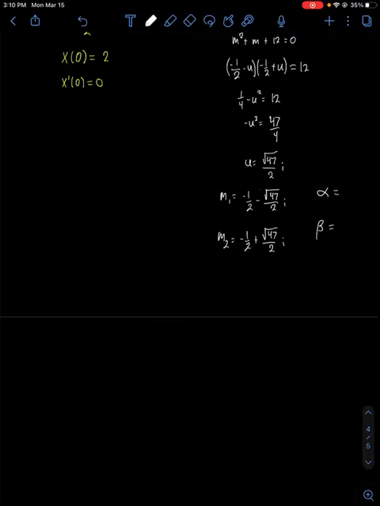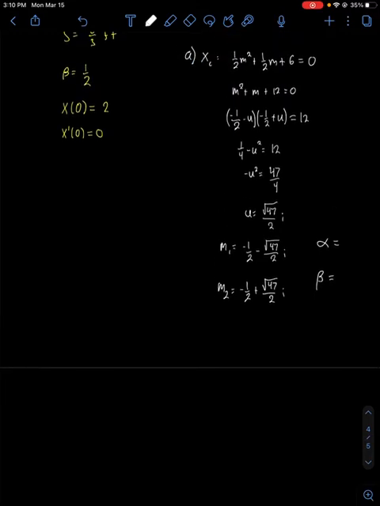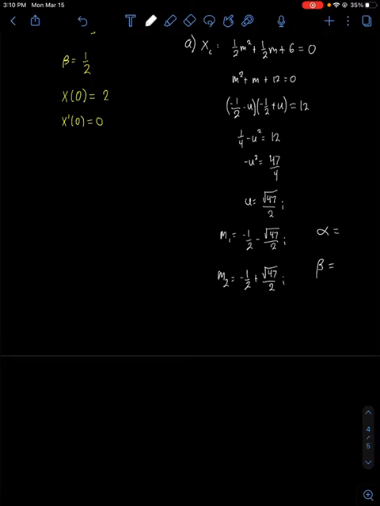Well, really I should say this term right here, because this is used to plug back into these. So that's where you would use a different alpha and beta to not get confused, but I'm not confused, so I'm going to keep them the same. So alpha is negative 1/2 and beta is the square root of 47 over 2.